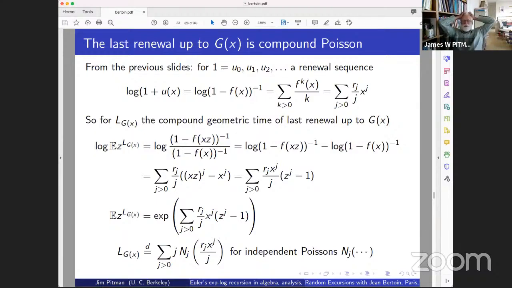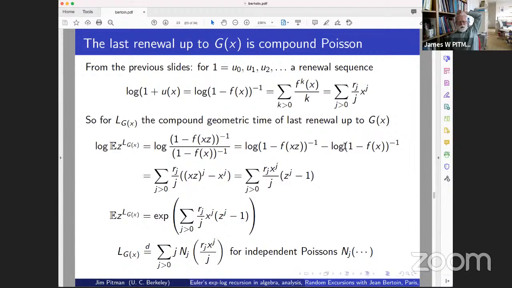So the conclusion of that discussion is that the last renewal up to an independent geometric time is going to have a compound Poisson distribution, because we have the generating function. This is just basically copied from the last slide, and you inspect that generating function and you see the log of this generating function is the log of a ratio.